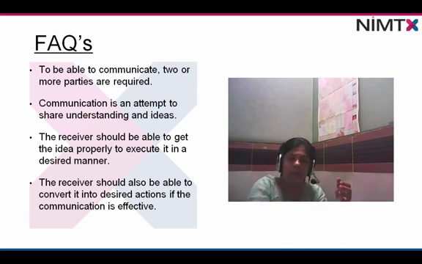Probably somewhere in the middle there was a miscommunication, a communication gap, and then it was a mess. So the sender, the person who is communicating, should also be able to communicate effectively so that the receiver understands and gets the desired results.